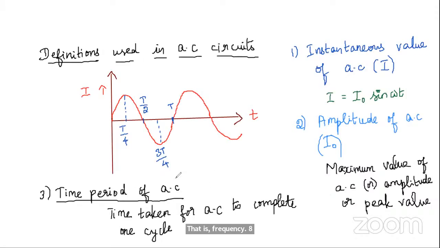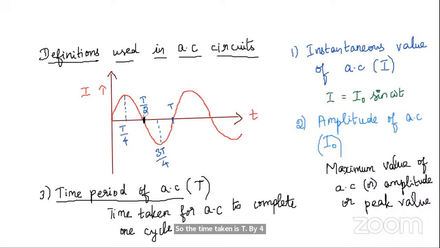Time period is actually represented by the letter T. Here this is 1/4 of the total time period. From here to here you have the complete cycle, and this is 1/4 of the cycle, so the time taken is T by 4.